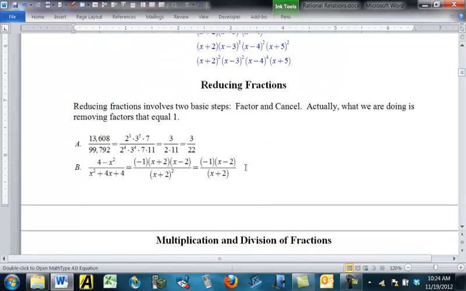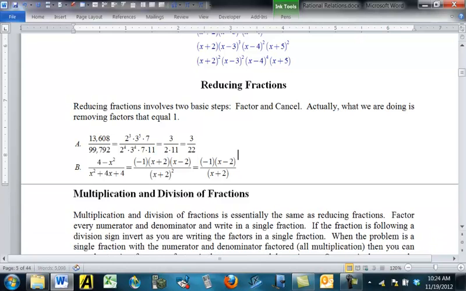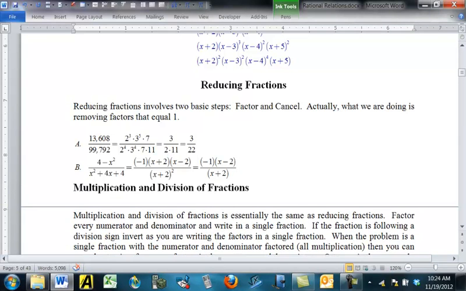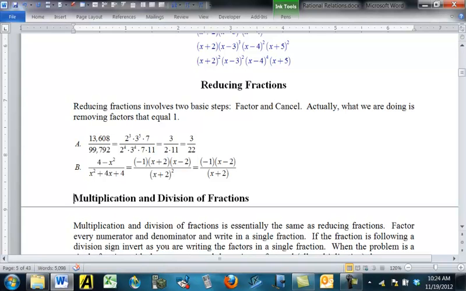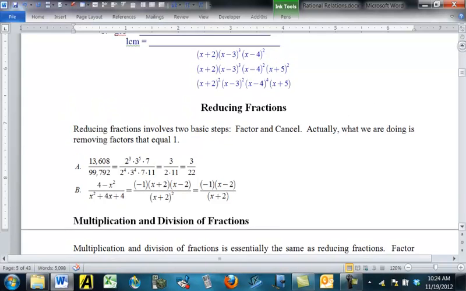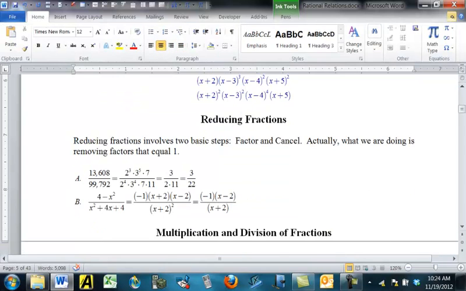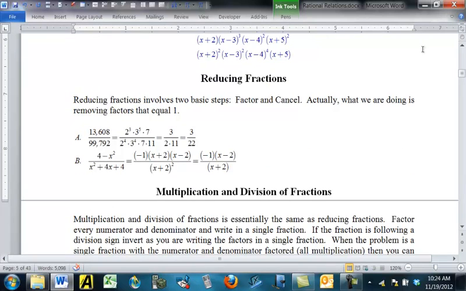Now let's talk about reducing fractions. Reducing fractions turns out to be basically just like factoring and canceling, that's all there is to it.